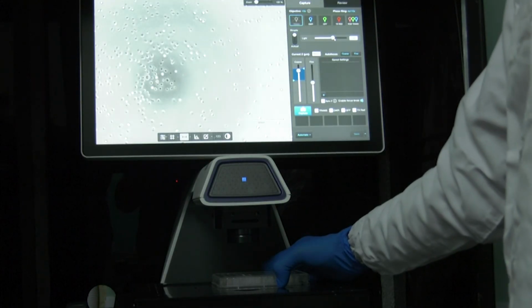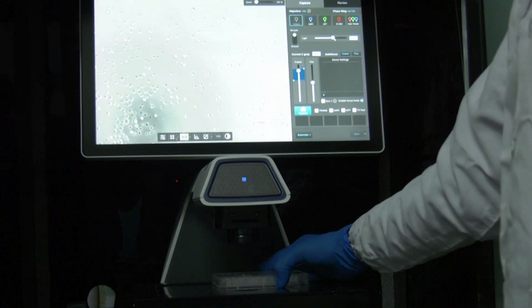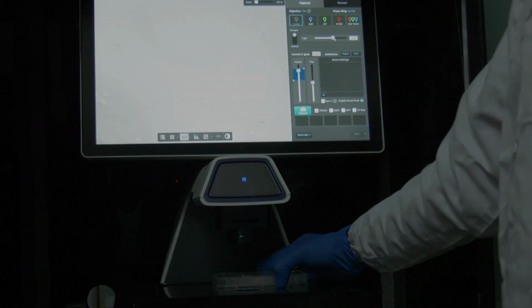After confirmation, we will place the 96 well plate in a 5% CO2 incubator for 24 hours.